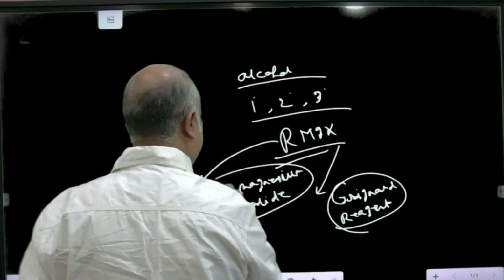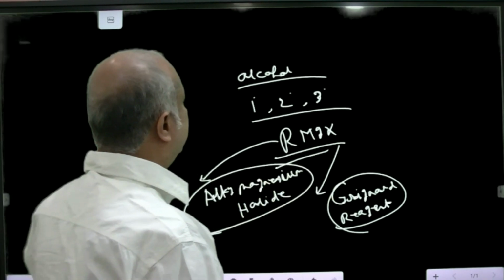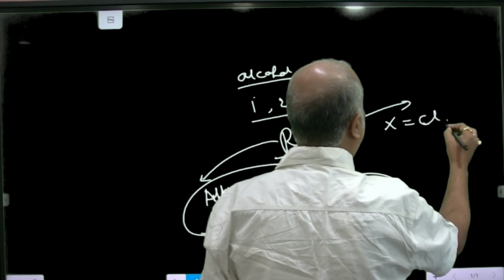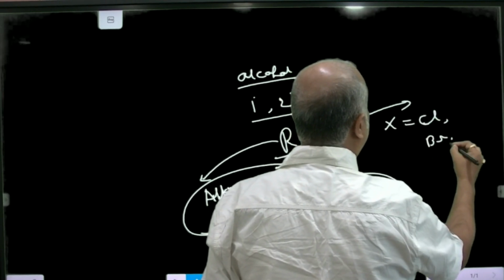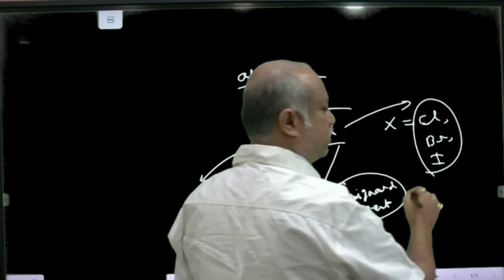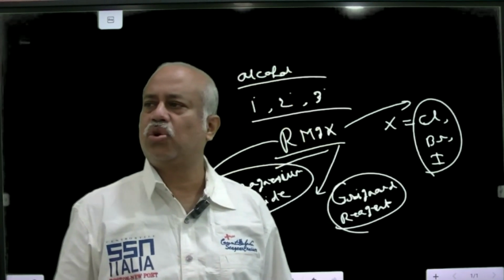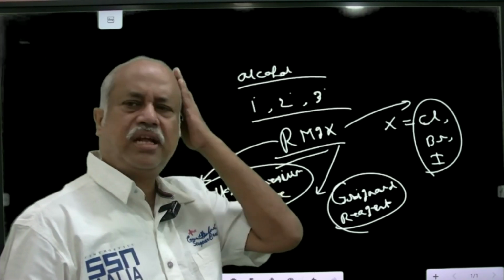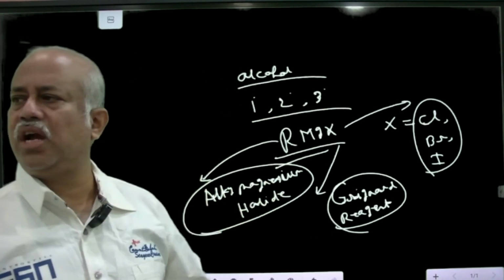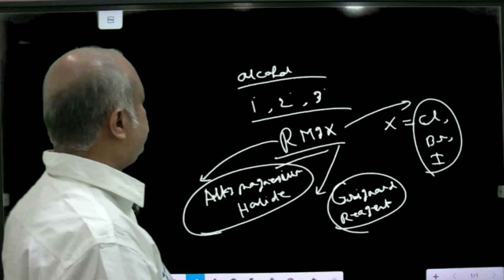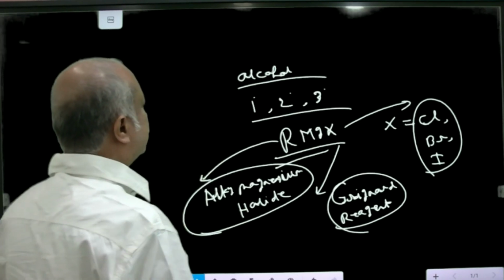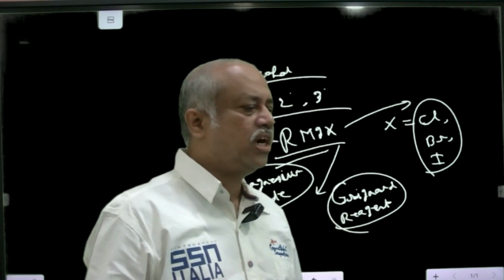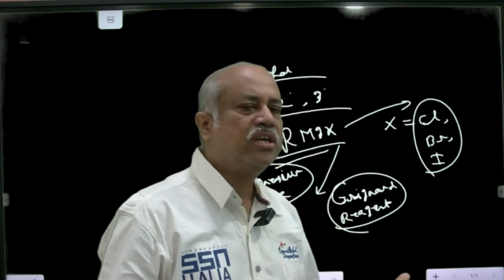This X is chlorine, bromine, iodine. That is alkyl magnesium halide. I will take the synthesis of primary alcohol, secondary alcohol, tertiary alcohol with the help of Grignard reagent.